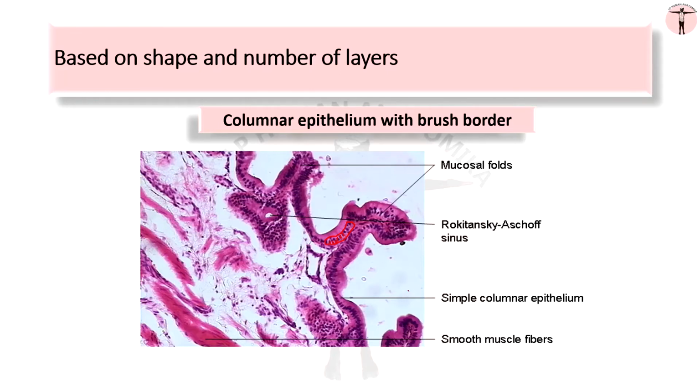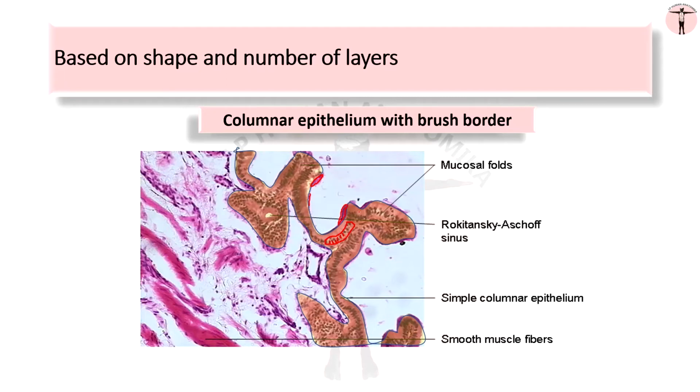Here is the epithelium, the whole thickness of the columnar epithelium, and on the surface we can see projections from the surface.